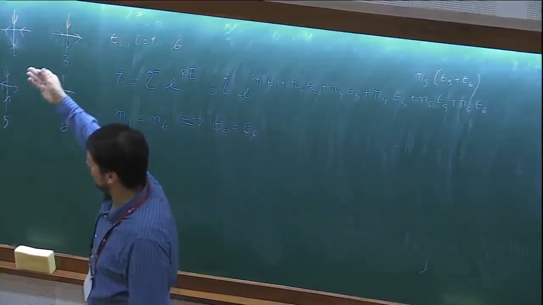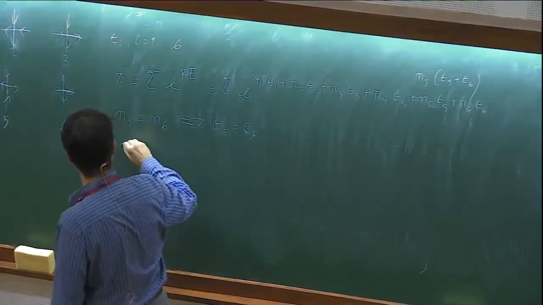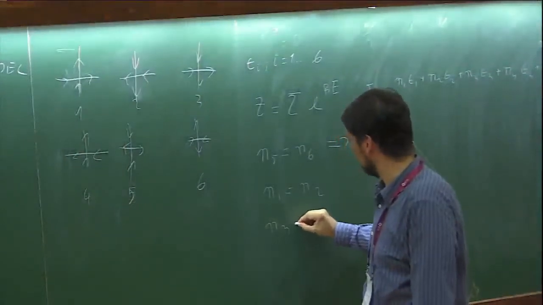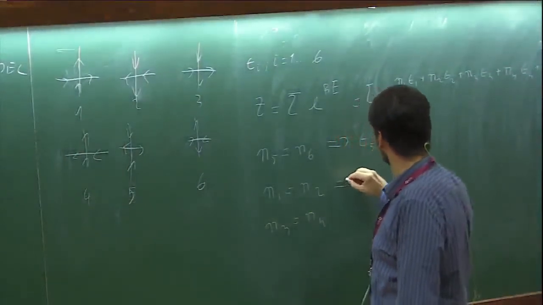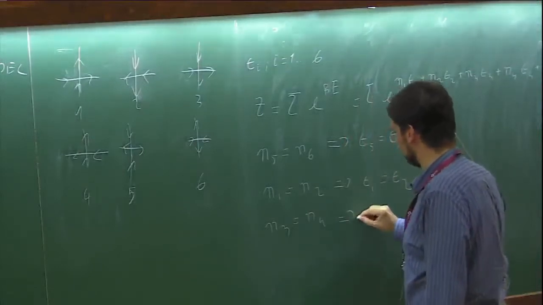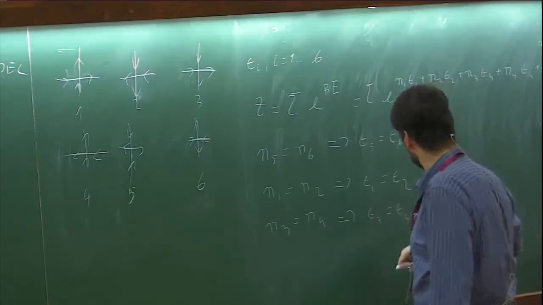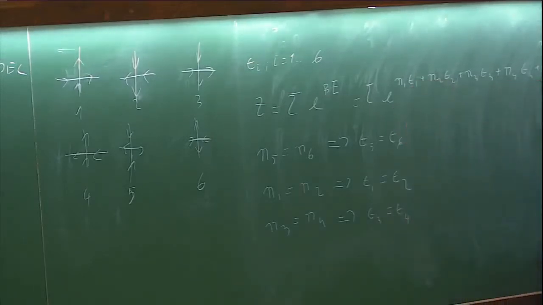So if I don't have an additional field, then I expect n1 to be equal to n2, n3 to be equal to n4. So for the same argument as before, I expect the energies to be paired.